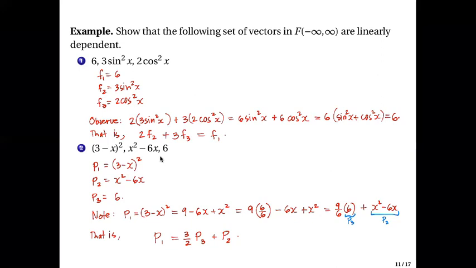Thank you. You're welcome. So when proving that a set is linearly dependent, you just take one vector and then use any or all of the other vectors. You can just use one of them, you can use two if there are more, or you can use all, except of course for the vector that you want to be written as a linear combination of the others. Okay?